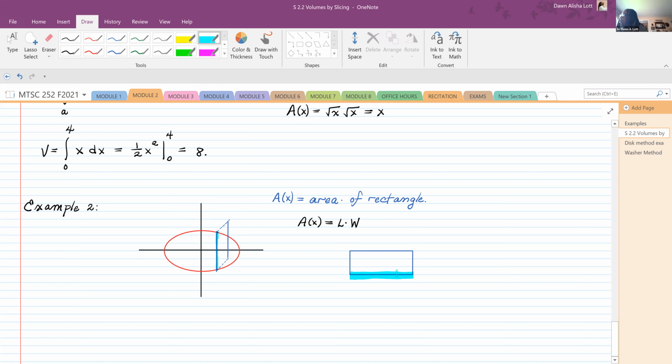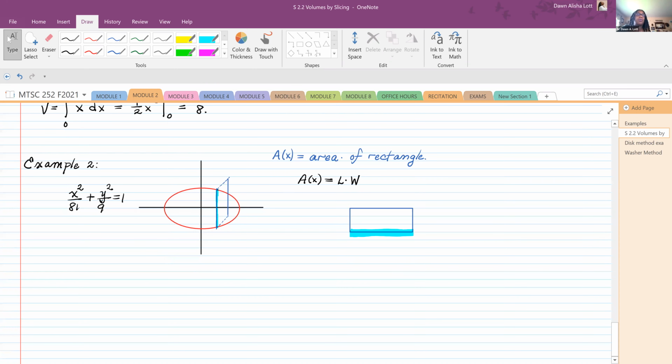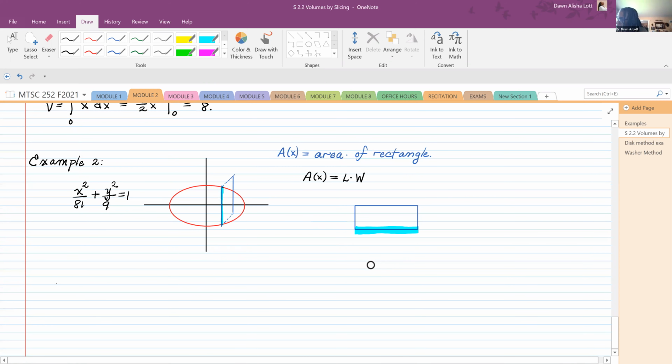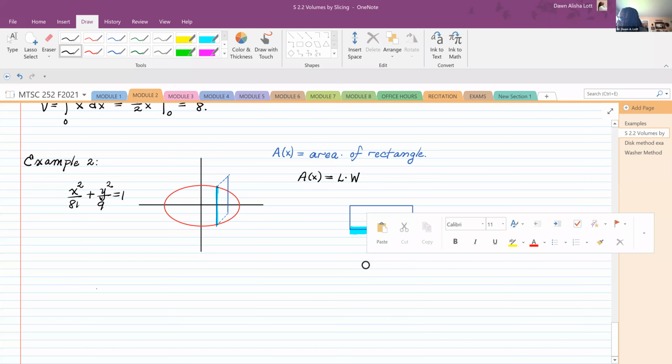So first off, this thing is symmetric. Whatever it looks like on the top half of the curve, it looks like on the bottom half of the curve. So I'm going to take this curve right here, and I already know that this curve is x squared over 81 plus y squared over 9 is equal to 1. And so I'm going to solve for y.